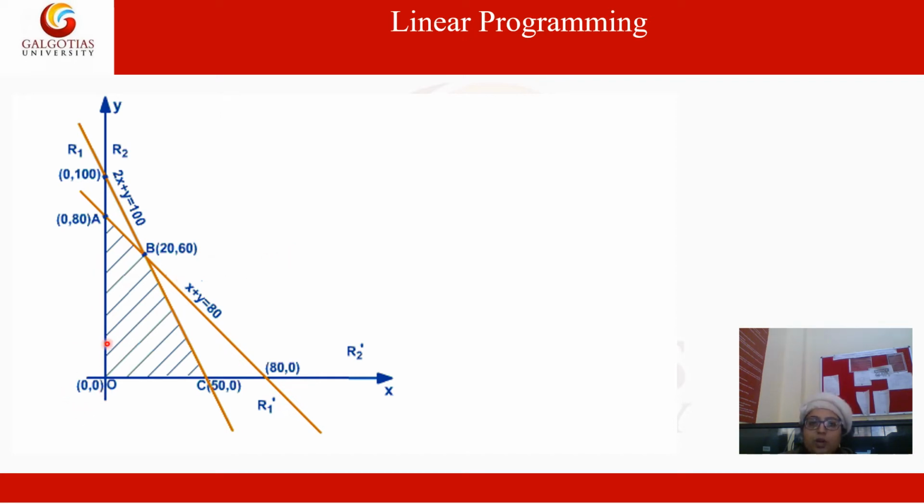So let us plot this point on this line. The next is when we put x equals to 0, then we are having the value of y equals to 100. So let us plot this point on this line. After plotting the 2 points, let us join them.